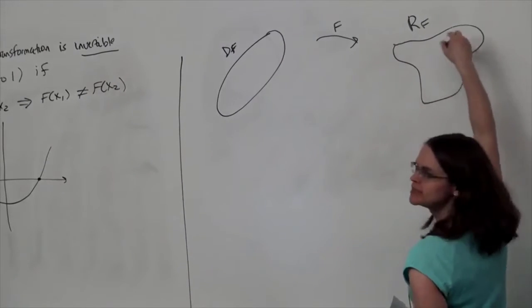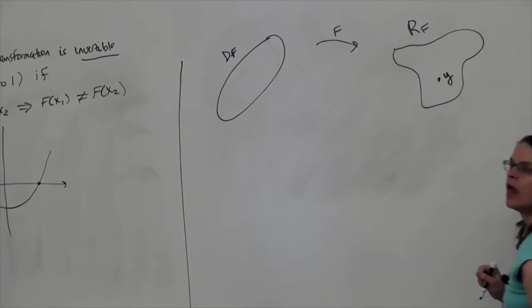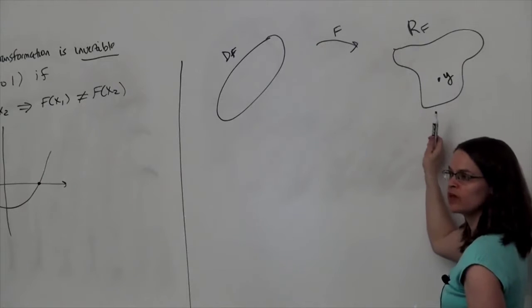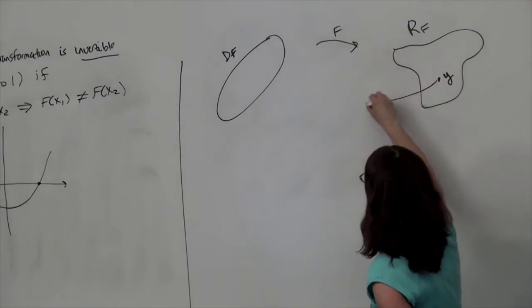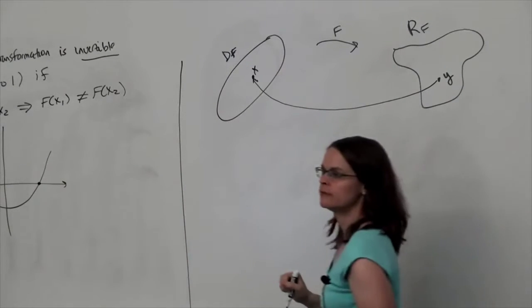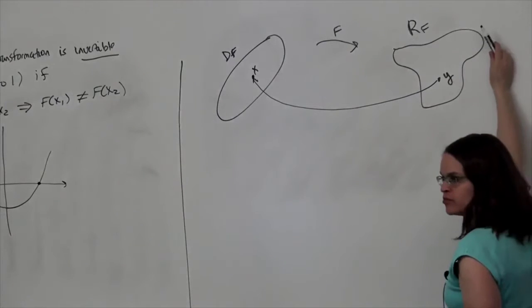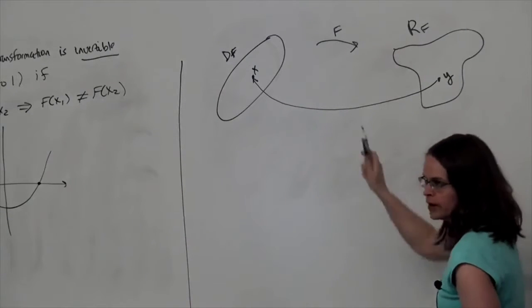Now, I take any point I like in here. And I want to be able to say that there's one and only one value of x that gave me this point. So I want to be able to go back to here and say there's exactly one place that this could have come from. The fact that this is the range means there is a place that it came from. The fact that it's invertible means there's only one.